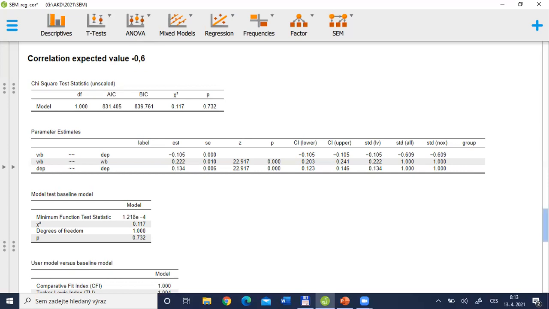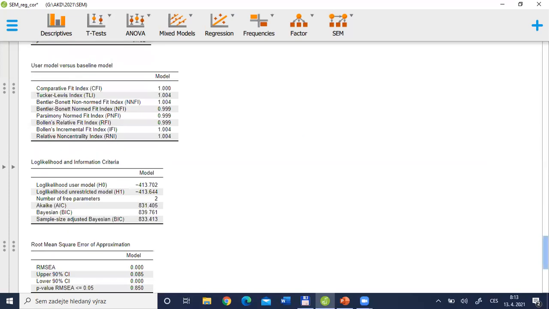We have also briefly covered the discussion about alternatives to the chi-square test in structural equation modeling, such as CFI and TLI. They should be at least 0.9. This is a rough recommendation.